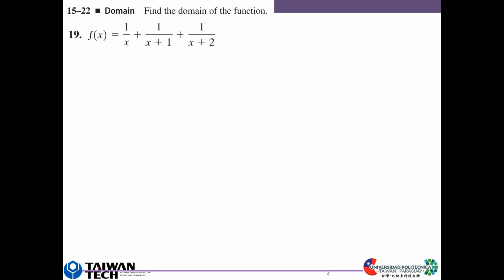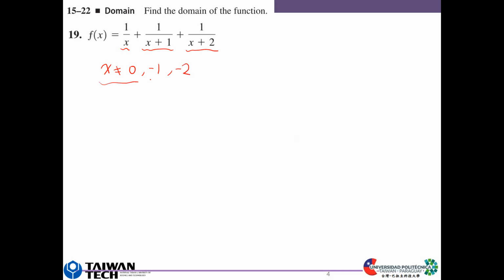For a fraction, it requires that the denominator is not 0, because if the denominator is 0, it is invalid. So we know that x can be any real number except 0. x cannot be 0, x cannot be minus 1, and x cannot be minus 2.